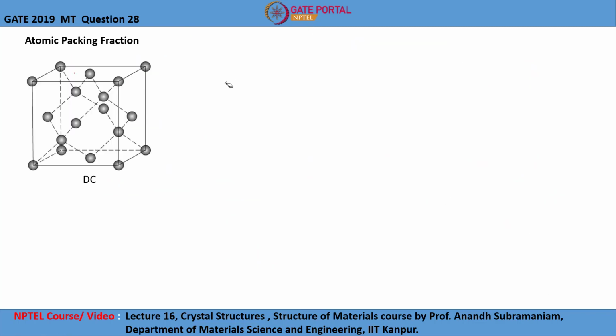So let us now find the atomic packing fraction for diamond cubic structure, where this length is a and radius is assumed to be r. So the atomic packing fraction is equal to volume of an atom, that is 4 by 3 pi r cube, multiplied by number of atoms in diamond cubic structure, that is 8, divided by the volume of unit cell, that is a cube.